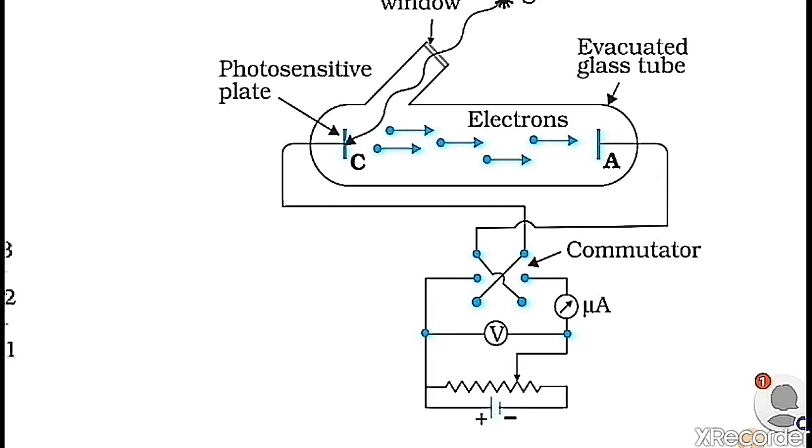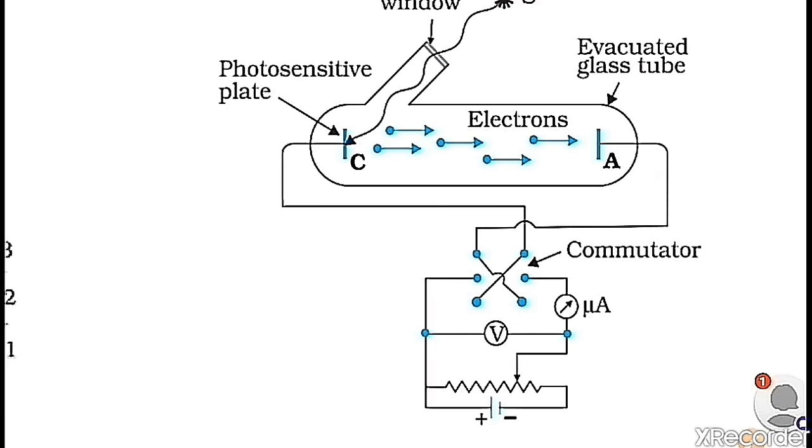The photoelectric current is found to decrease rapidly until it drops to zero at a certain value, and this value of voltage is called the cutoff voltage, cutoff potential, or stopping potential. For a particular frequency of the incident radiation, the minimum negative potential V naught given to plate A for which the photocurrent becomes zero is called the cutoff or stopping potential.